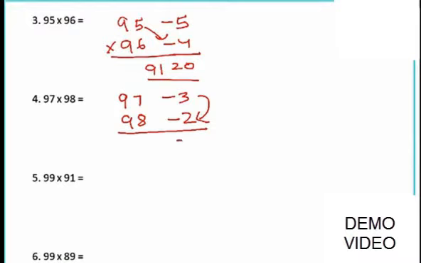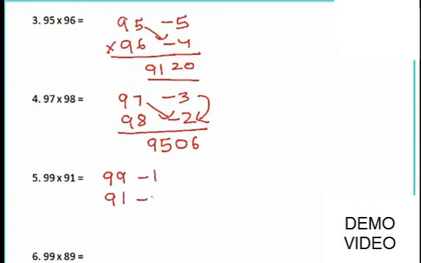So 3 2s are 6, but we will write 06. Now with the cross subtraction, 97 minus 2, we get 95. As a whole the calculation becomes 9506.